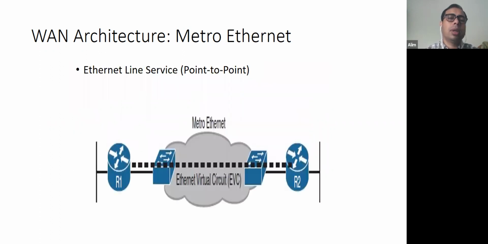If you get a glimpse of this type of connectivity, then point-to-point is like this. You have router 1 and router 2. Router 1 is at one location, router 2 is at another location. So Metro Ethernet is just providing you point-to-point connection.